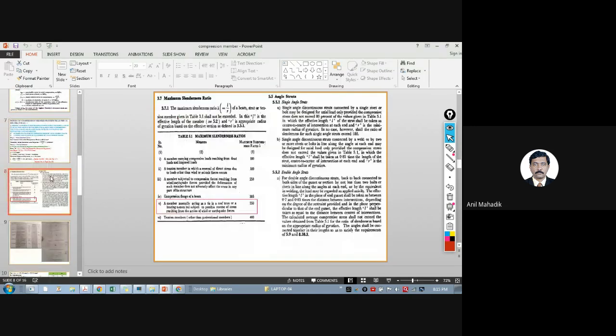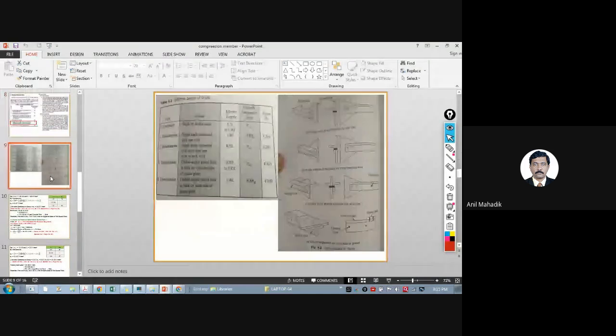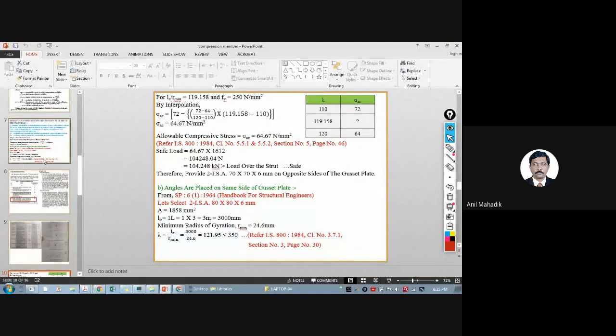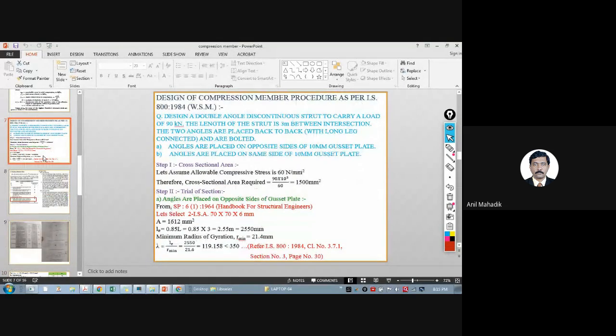Similarly, there are certain problems having some different cases actually. If they are connected by the gusset plates, now it is asking design a double angle discontinuous strut to carry the load of 90 kilonewton. The length of the strut is.